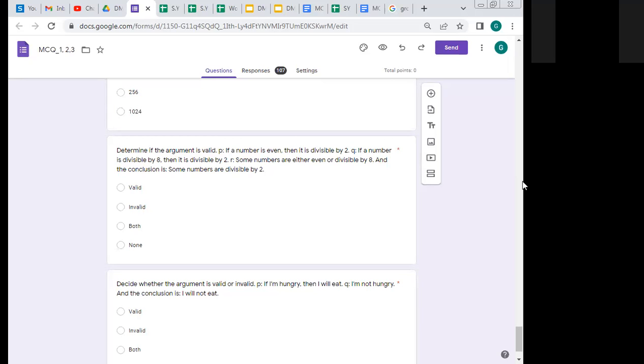The rules of inference method is that we directly use the rules given in the slides, the existing rules, and go through them. Here the conclusion doesn't come true, so it is invalid.